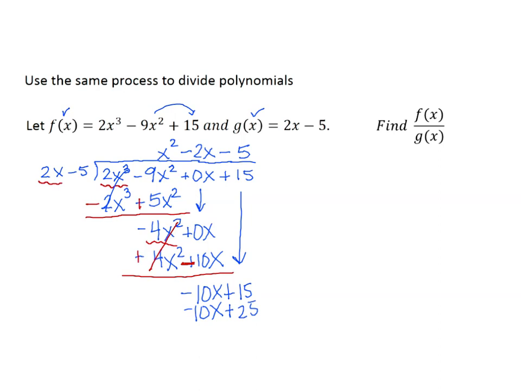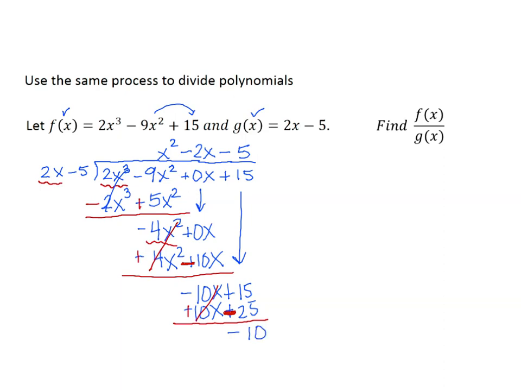The last time I get to do my favorite part on this one, draw the line, change the signs. I'm adding my like terms together now, so these will cancel out. And then I've got a positive 15 and a negative 25. Add those together, and I get negative 10.